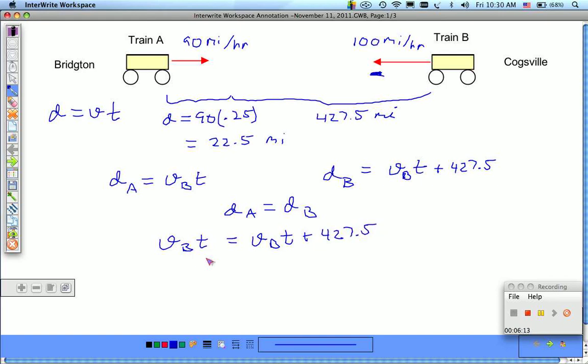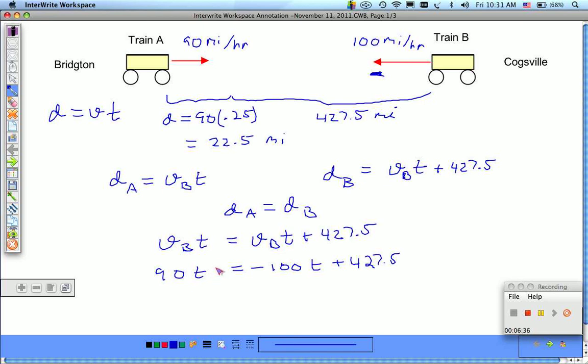Now, let's substitute some values here. We've got 90 times t is equal to negative 100 times t plus 427.5.